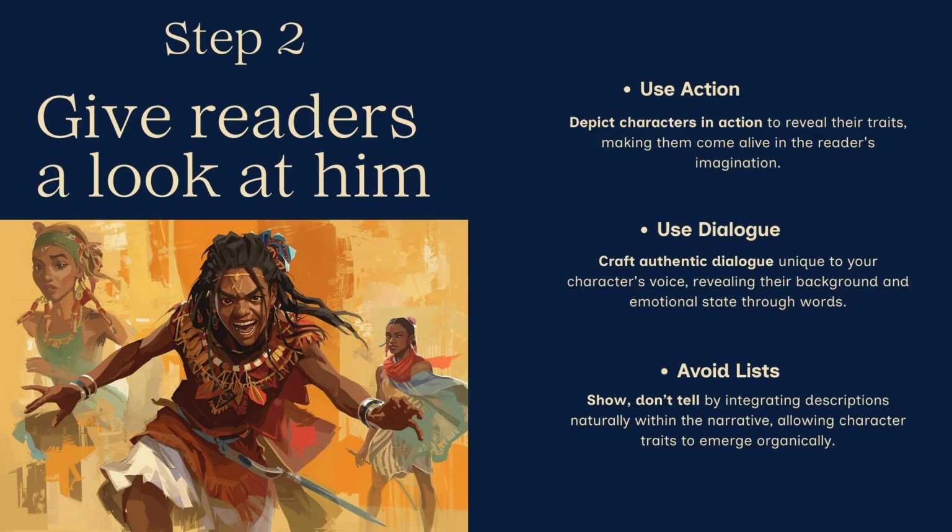Rather, layer in what he looks like through dialogue and during the action. Avoid lists. Show, don't tell, by integrating descriptions naturally within the narrative, allowing character traits to emerge organically.